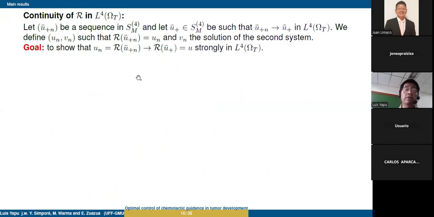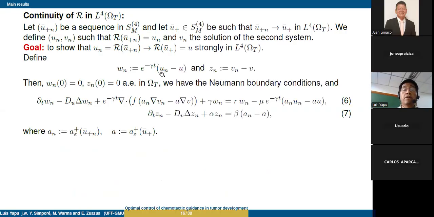And now we have to study the continuity. I won't give all the details because there are many computations. We define the difference, here this difference. Now we work with sequences, and we want to see that the image of a sequence is equal to the image of the limit of the sequence.